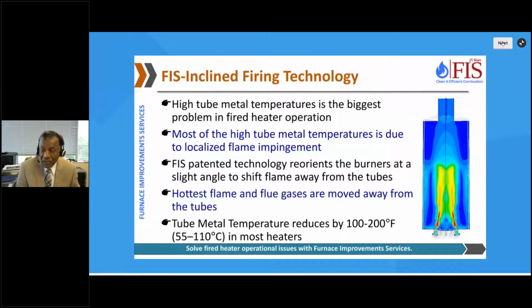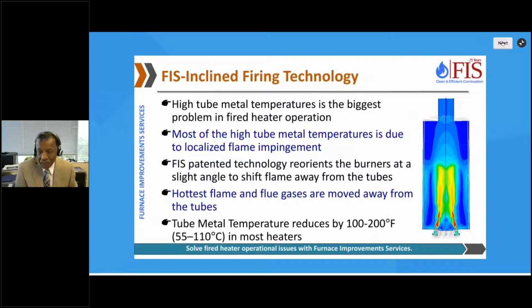So we have developed a technology called inclined firing technology, and it is very, very simple. We are putting the burners at an angle to keep the flames away from the tubes. We put burners at about a 6 to 7 degree angle. And by doing this, as you can see in this picture, the burner flames move away from the tubes.